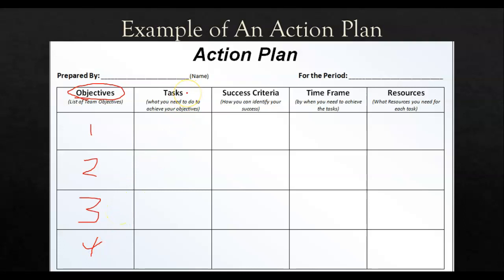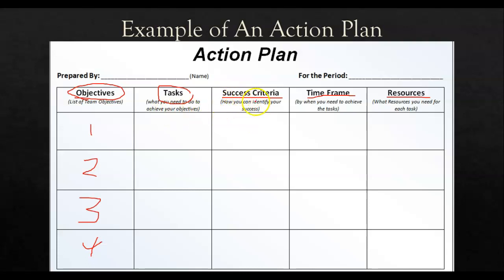So you write down the task, the success criteria, the time frame, and then the resources at your disposal. So the objective is a list of team objectives. And for the task, what do you need to do to achieve the objectives?